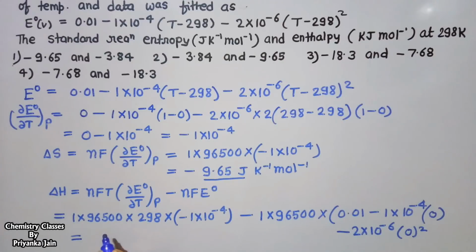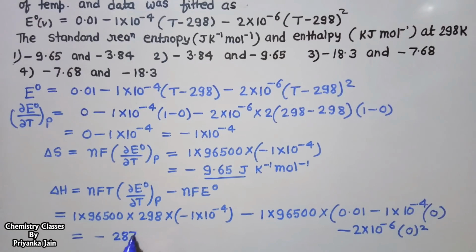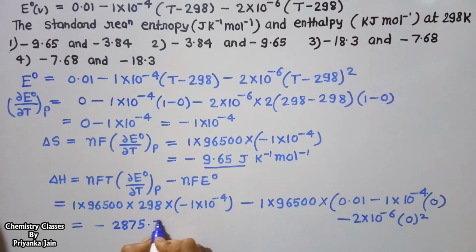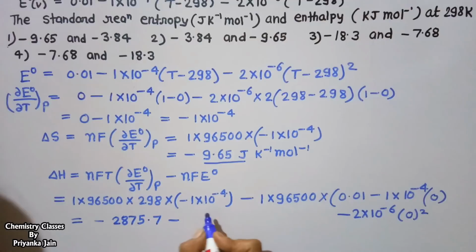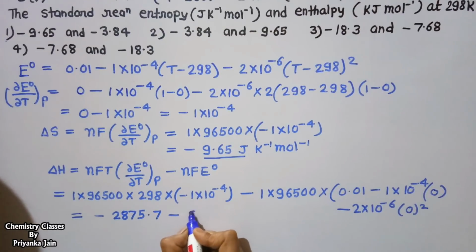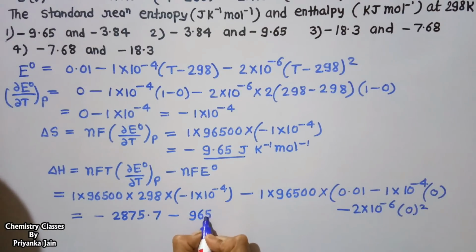If we calculate this value, we will find it is 2875.7, minus 965.